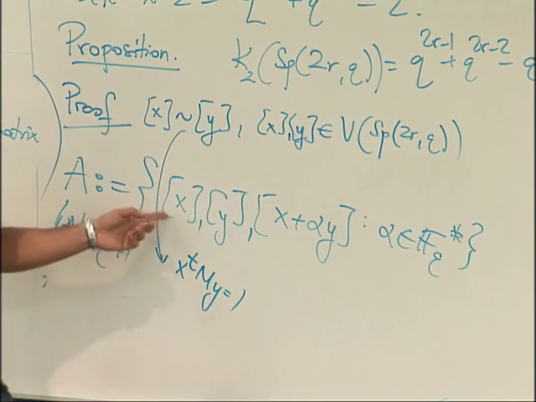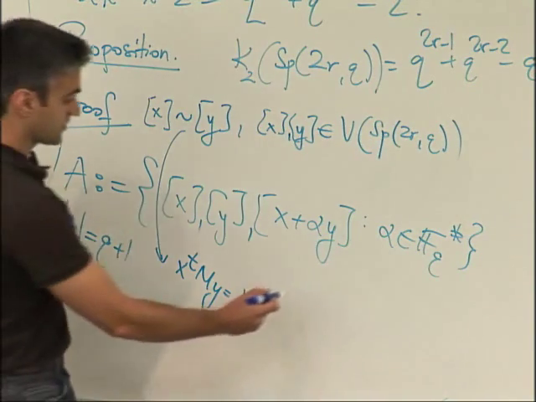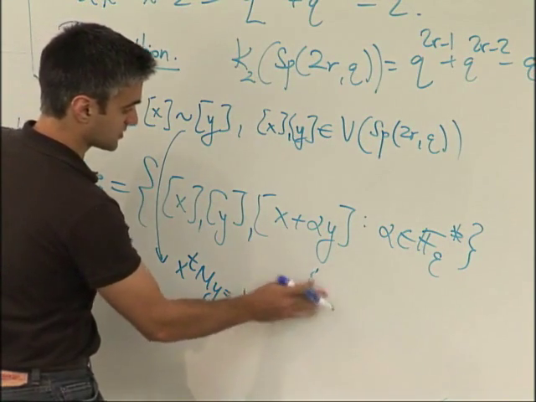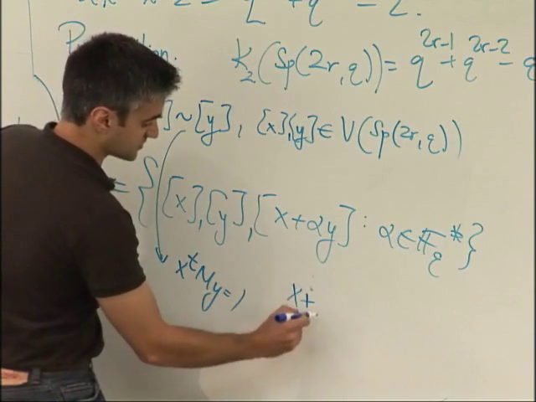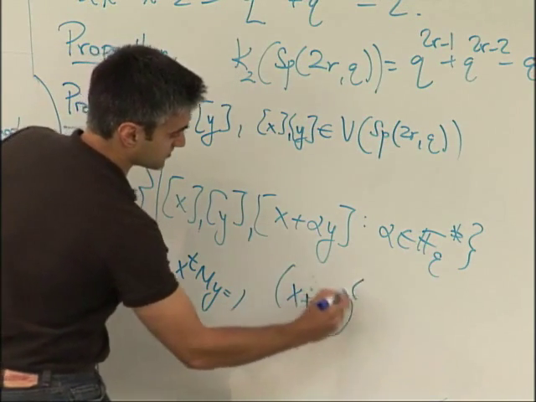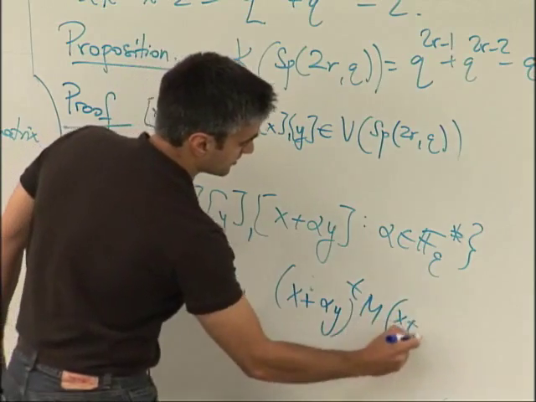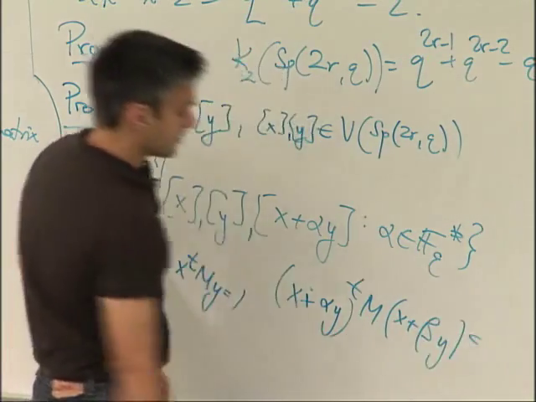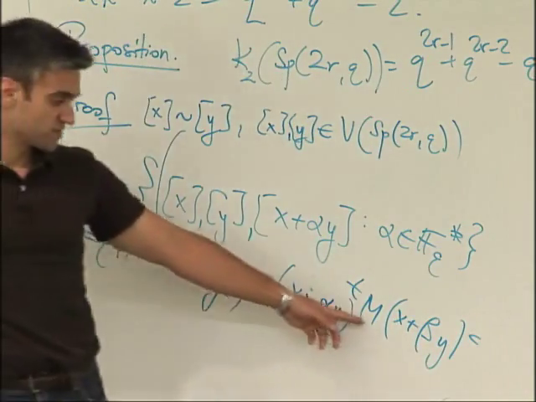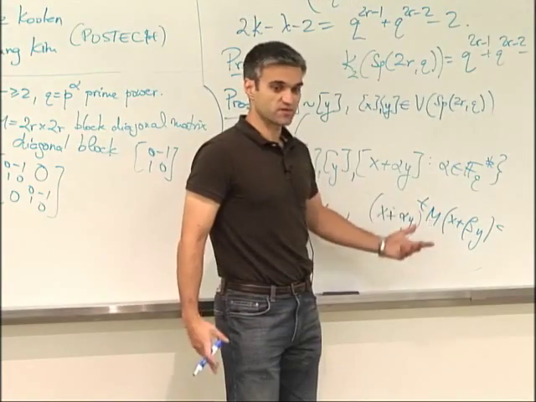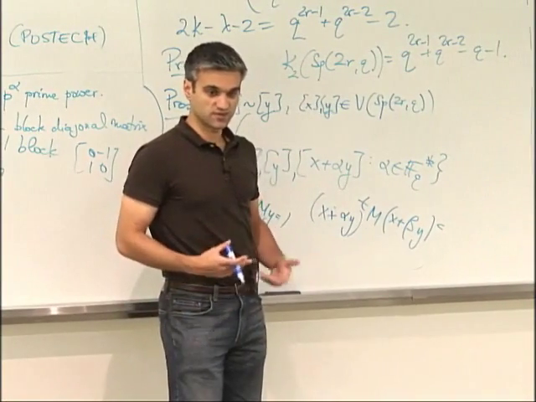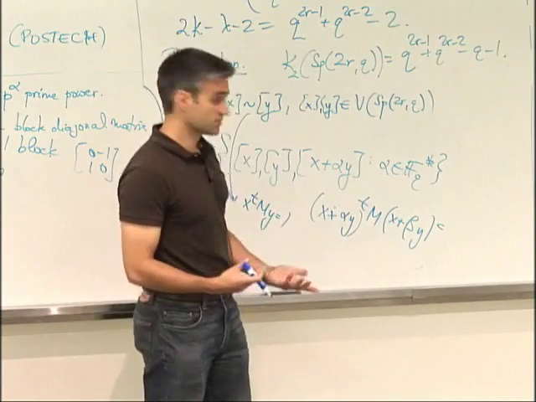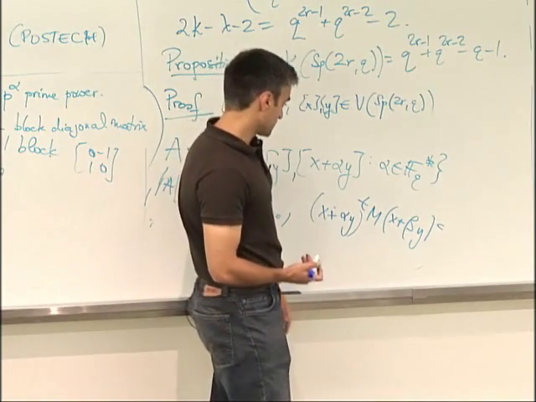And then you can use this relation to prove that if I take X plus alpha Y transpose M times X plus beta Y, well, with this matrix M, every vector is perpendicular to itself. If I do X transpose MX, I get 0.